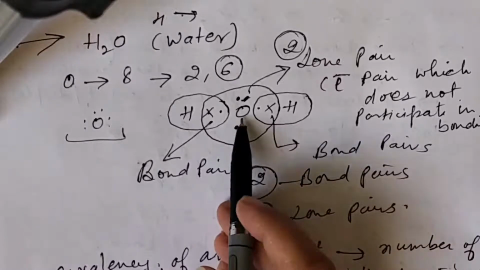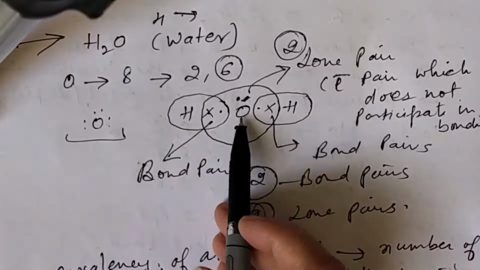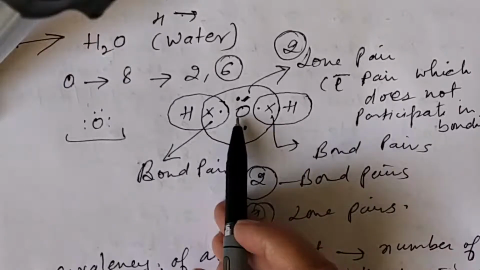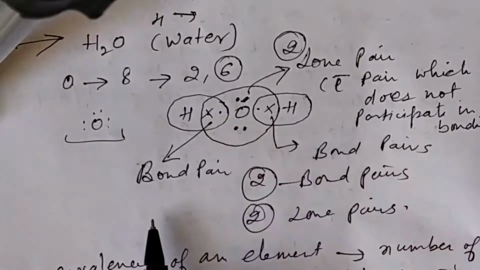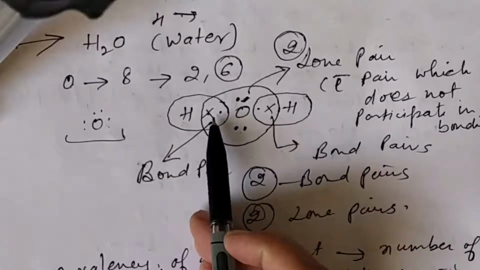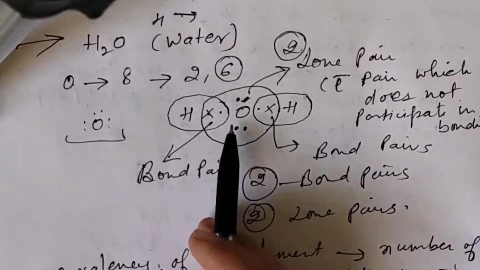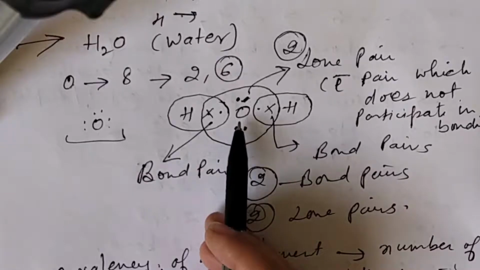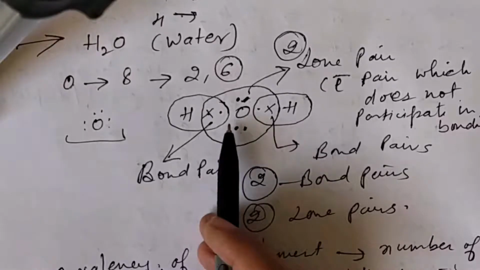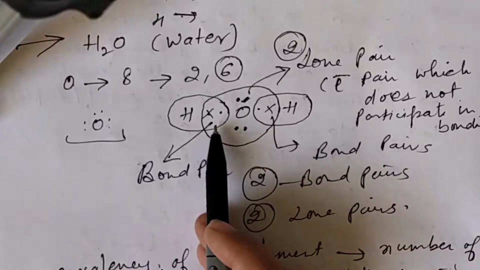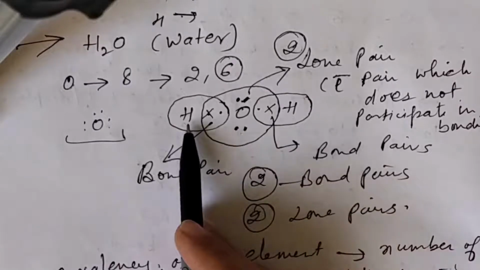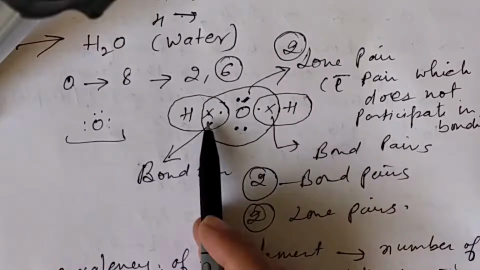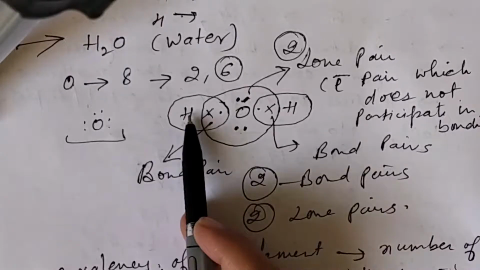How many covalent bonds is it forming with other atoms? You will say it is forming two covalent bonds. The covalency of the oxygen atom in the water molecule will be 2. What is the covalency of hydrogen in the water molecule? For one atom it is 1.